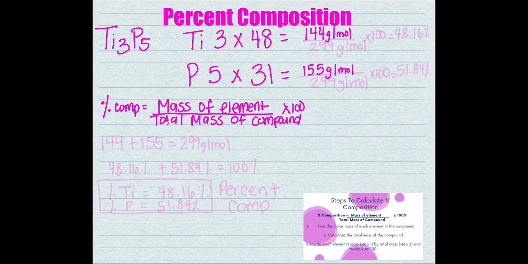So what we did up here, this 144 grams per mole, that is the mass of the element for Ti. Next, I am going to divide.